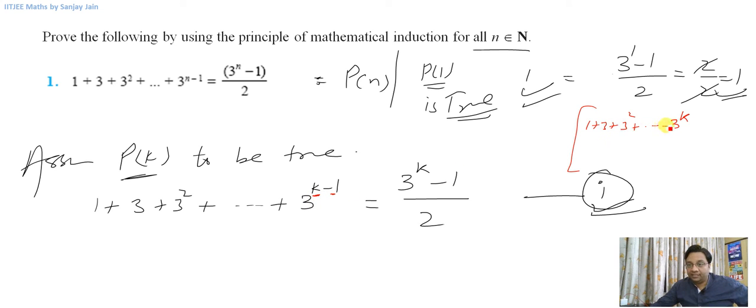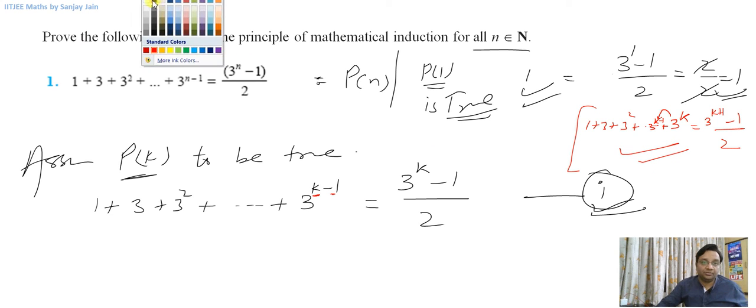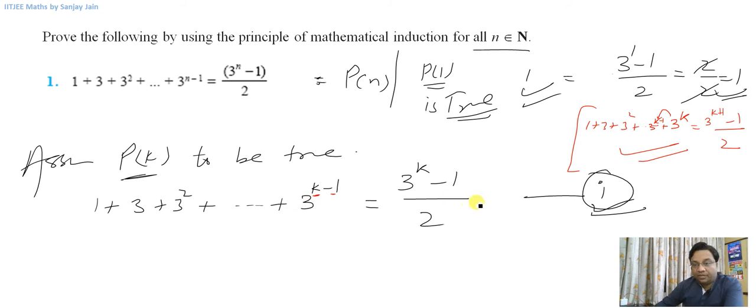Or I can say that the previous term of this 3 raised to power k is 3 raised to power k minus 1, right? And on the right hand side you will require (3 raised to power k plus 1 minus 1) by 2. So if you can prove this, then you will be able to say that P(k+1) is true. Now I will use this first statement to do just that.